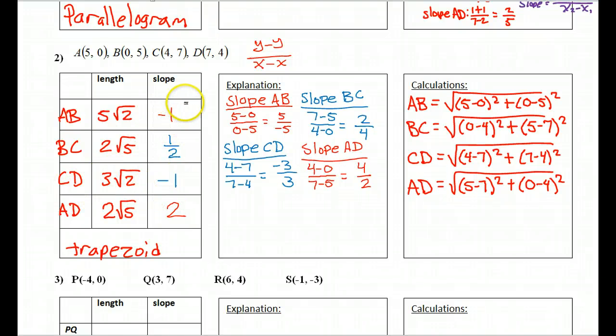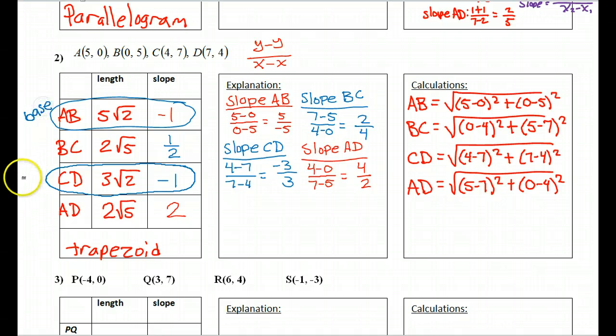So this AB is parallel to CD. These are the parallel sides of the trapezoid. Okay, that means this is the base, and this is the other base.